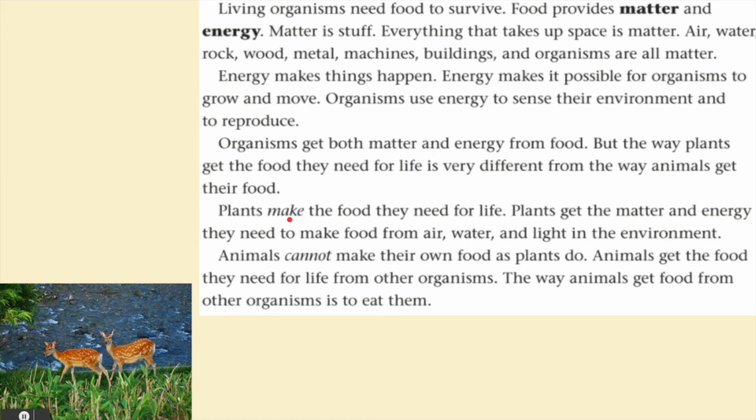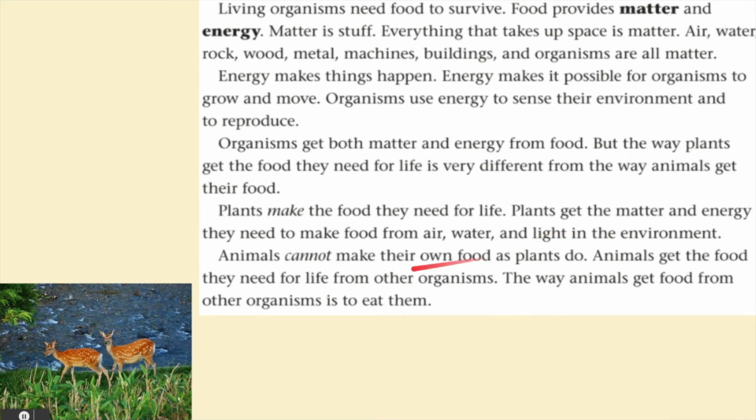Plants are able to make the food they need for life. Plants get the matter and energy they need to make food from air, water, light, and the environment. Plants are able to provide their own energy themselves. However, animals cannot make their own food like plants do.